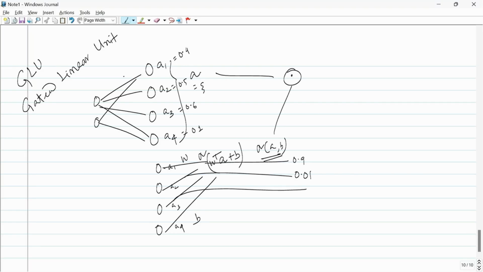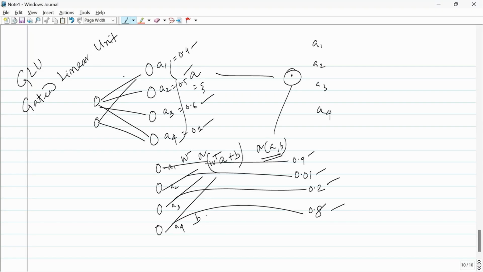So when we do element wise multiplication, this will basically be 0.4 times 0.9, 0.5 times 0.01, 0.6 times 0.2, 0.1 times 0.8, and this will produce another set of A1, A2, A3, A4.